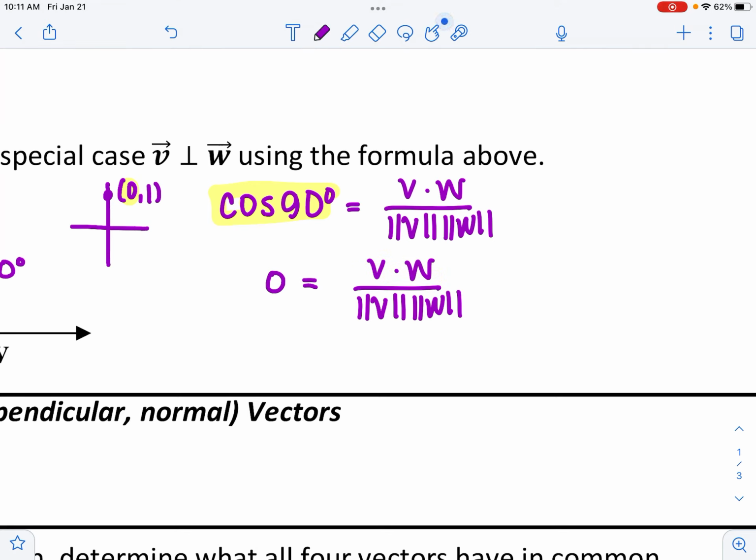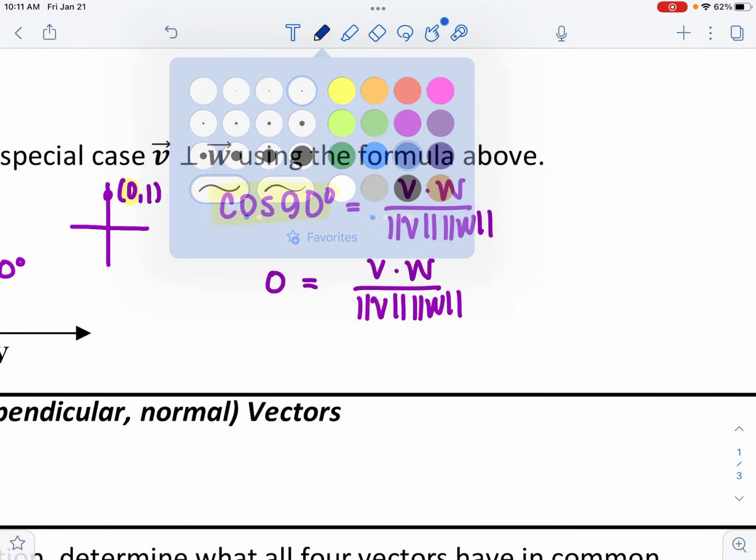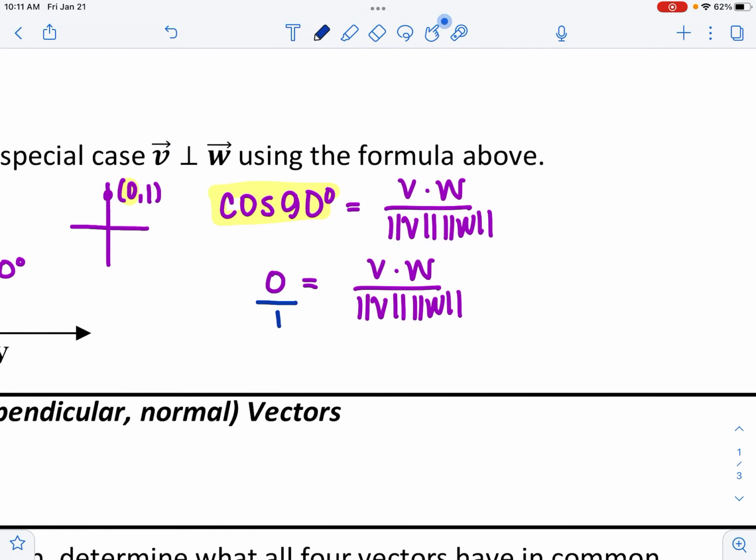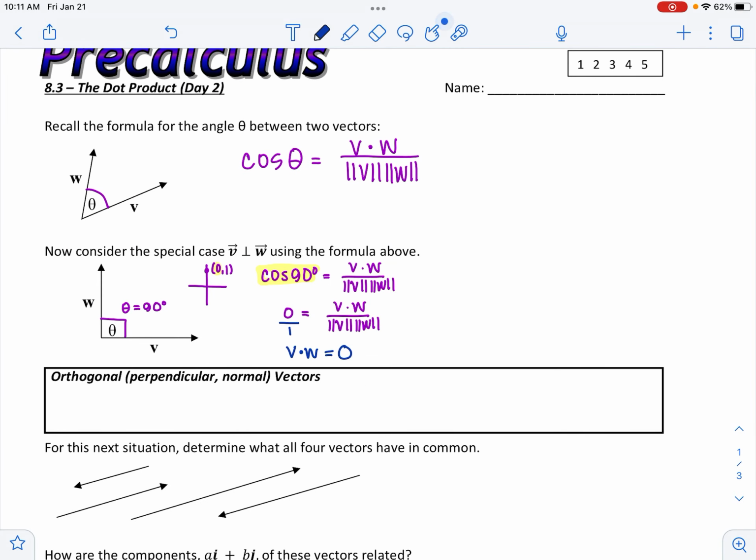Another way of thinking about this: if you solve this equation by cross multiplying, putting this over 1, you get 1 times the dot product, which is the dot product, equal to 0 times this, which is 0. So if we know the angle is 90 degrees, the dot product is 0.